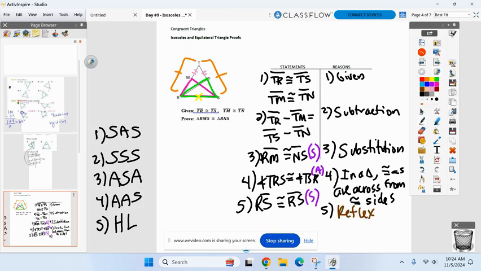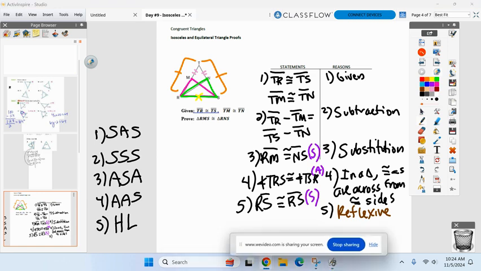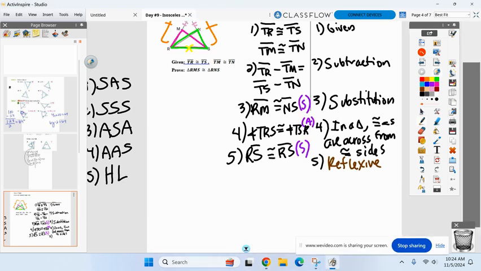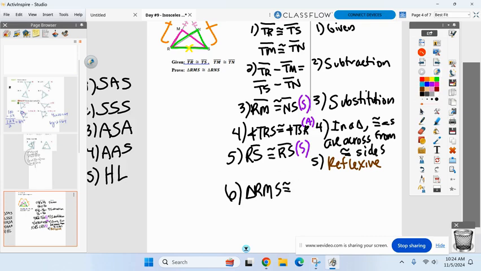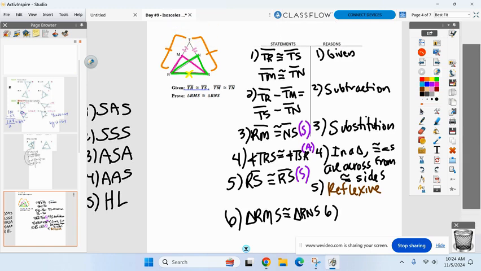Now it just comes down to what method do I use, right? And again, I'll remind you what I like to do when things overlap, because my diagram is very marked up right now. Extremely marked up. Here's what I like to do. I like to take one of the triangles out of the diagram and draw it separately.